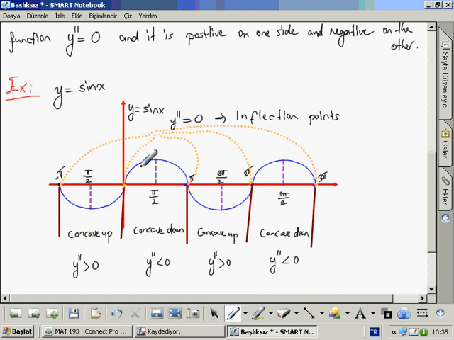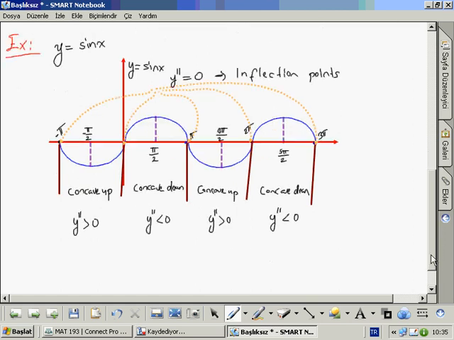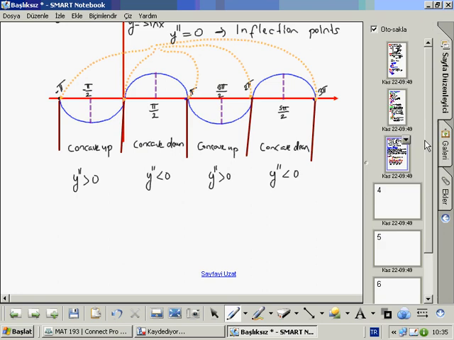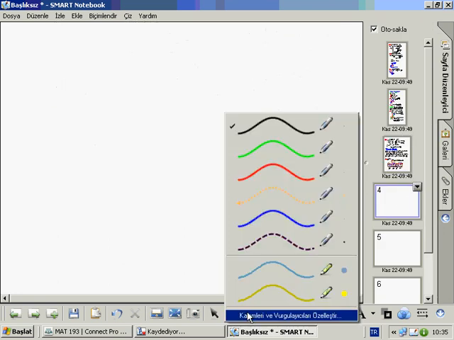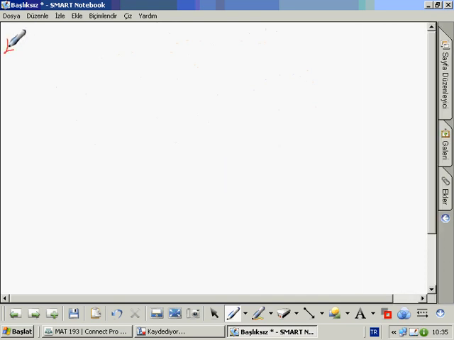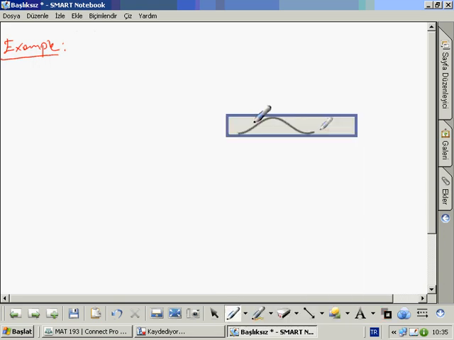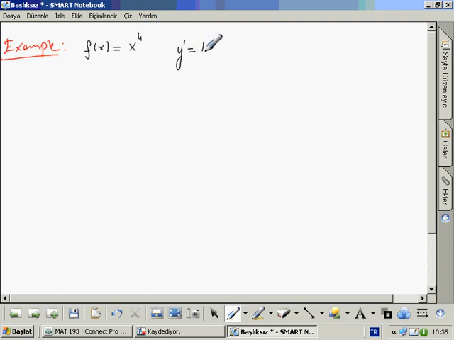After that, please continue with the example. If f of x equals x to the power of 4, what can we say? We can say y prime equals 4x cubed, and it is equal to 0, so x equals 0.